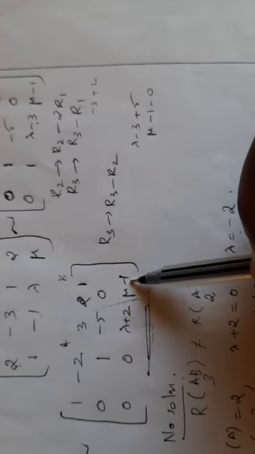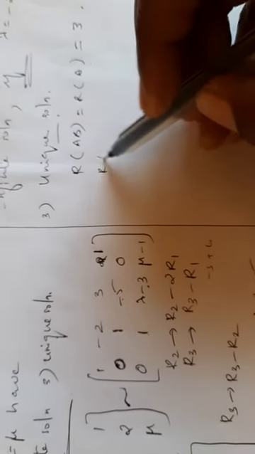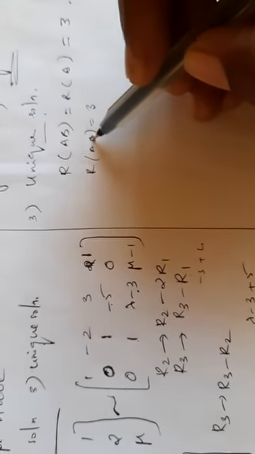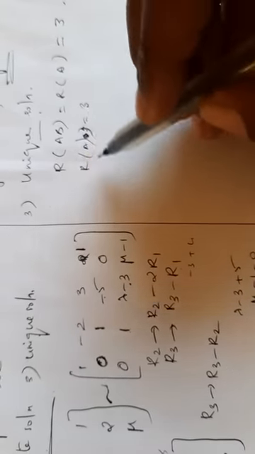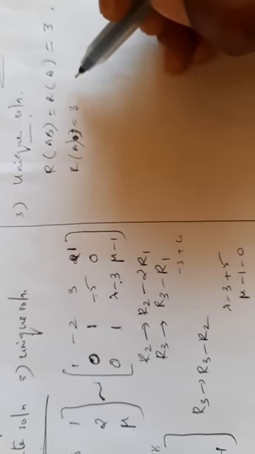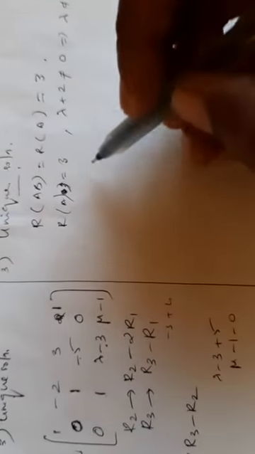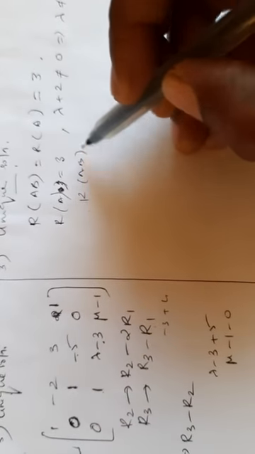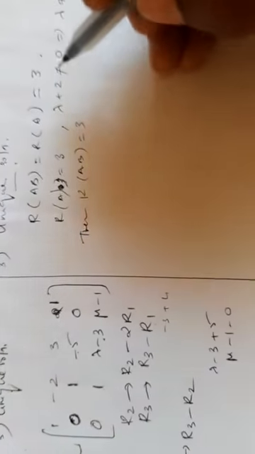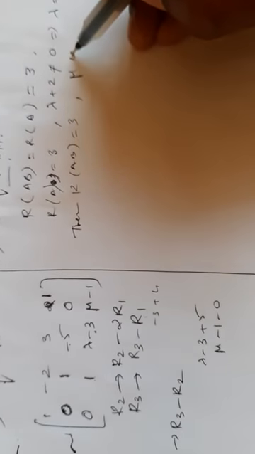So rank of A is 3, that means rank of AB is also 3, whatever may be mu minus 1, if it is 0 or not 0. First of all we discuss rank of A. Rank of A is 3 if lambda plus 2 is not equal to 0, that is if lambda is not equal to minus 2. In this case rank of AB is also 3. So mu can have any value, either it is 0 or non-zero. Okay.